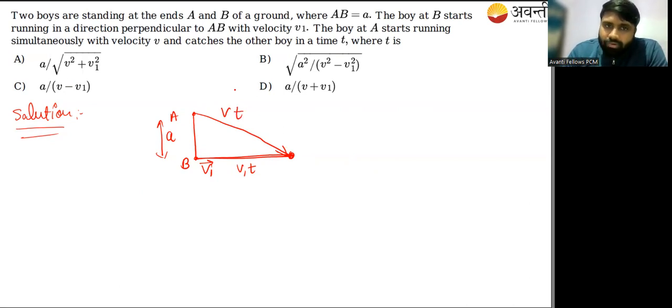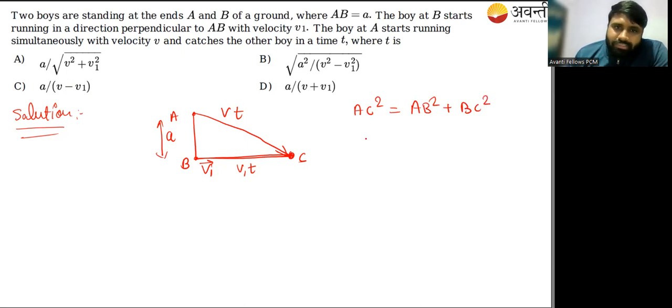Okay, got it? Now if you apply the Pythagoras theorem here, let's say this point is C. Pythagoras theorem says that AC square equals AB square plus BC square. Now AC square is V square t square, AB square is a square, plus BC square is V1 square t square.